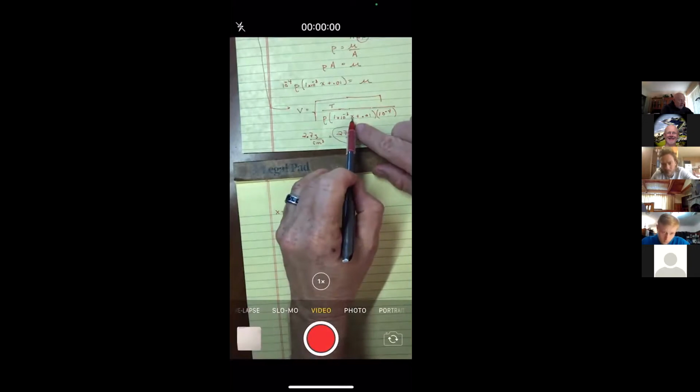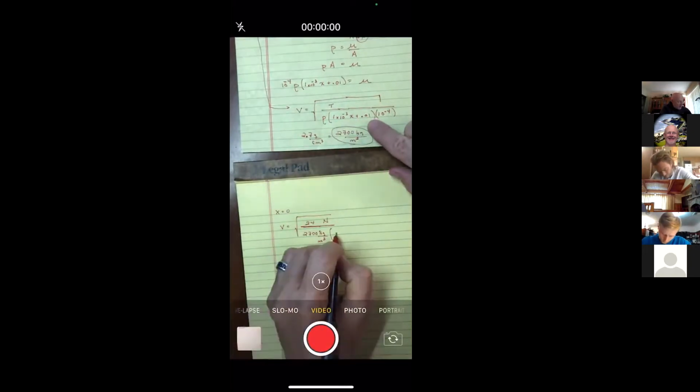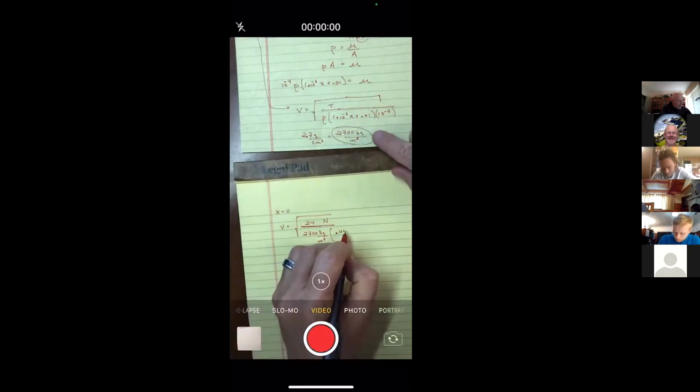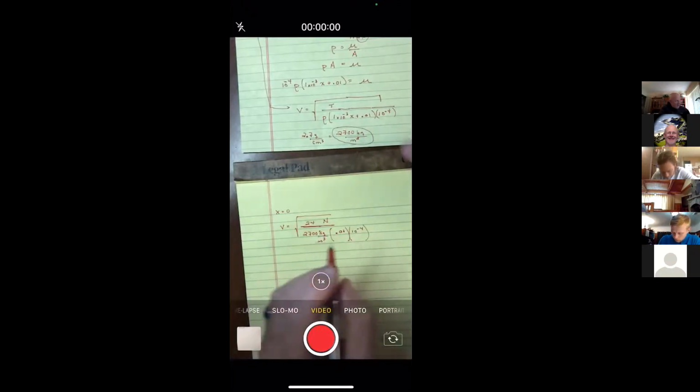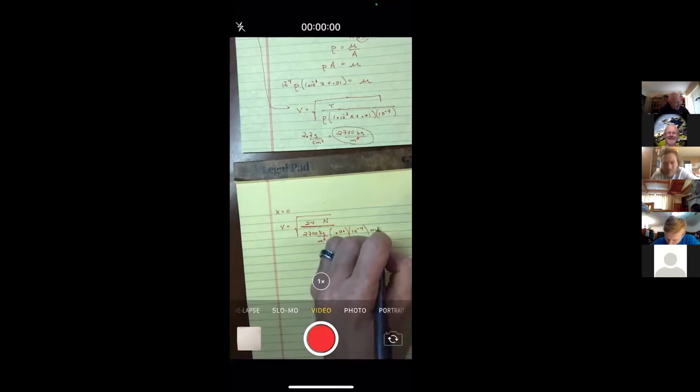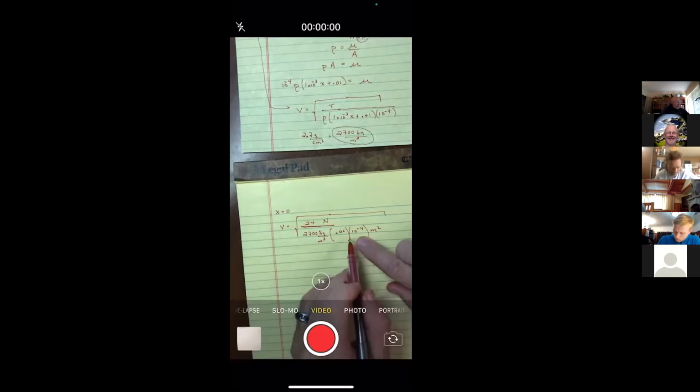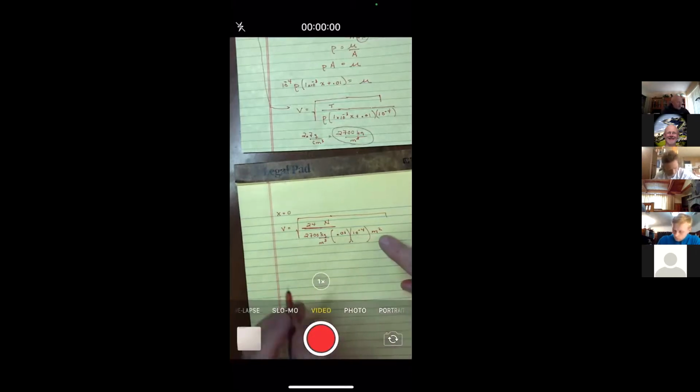So putting in here x equals 0, that one goes away. So it's just 0.01, and then it's times 10 to the minus 4. And again, if you remember, that would be a unit of a square meter. That's why we had the 10 to the minus 4, so we can get it in units of square meter.